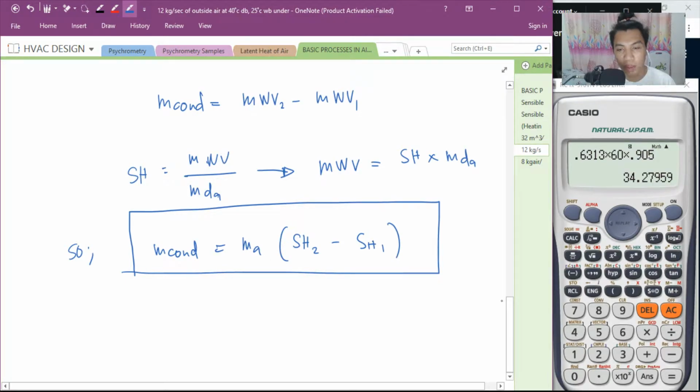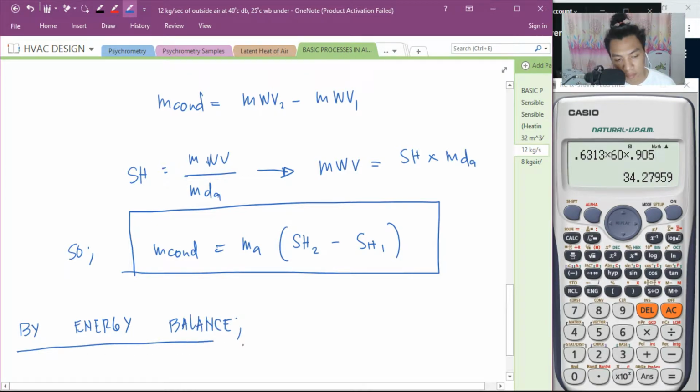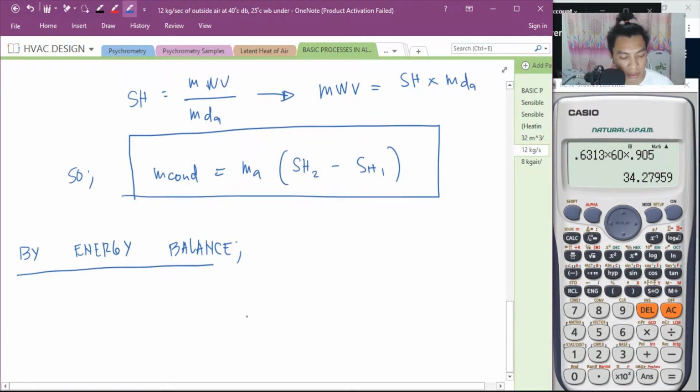Now, by using energy balance, yan, by energy balance, where the energies are at equilibrium, okay? Meron ka ulit air, pumasok dito, then Q is given off, okay?